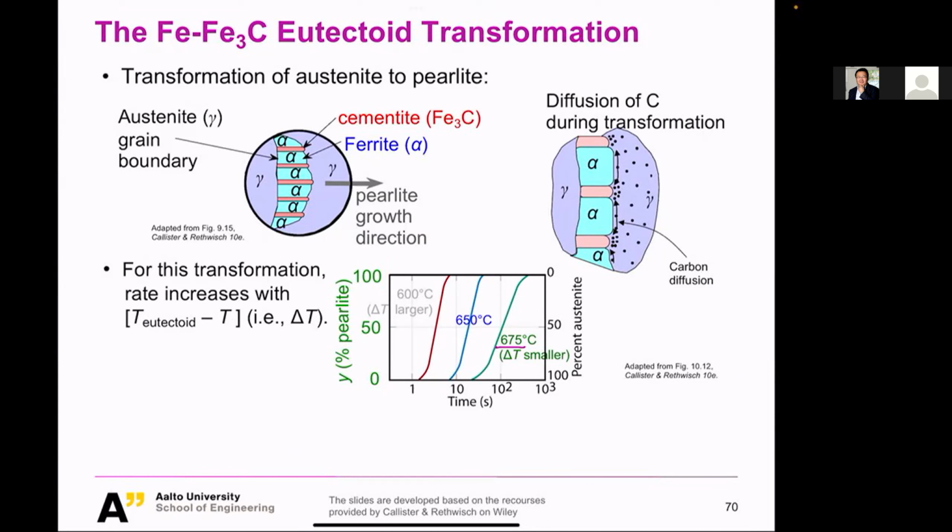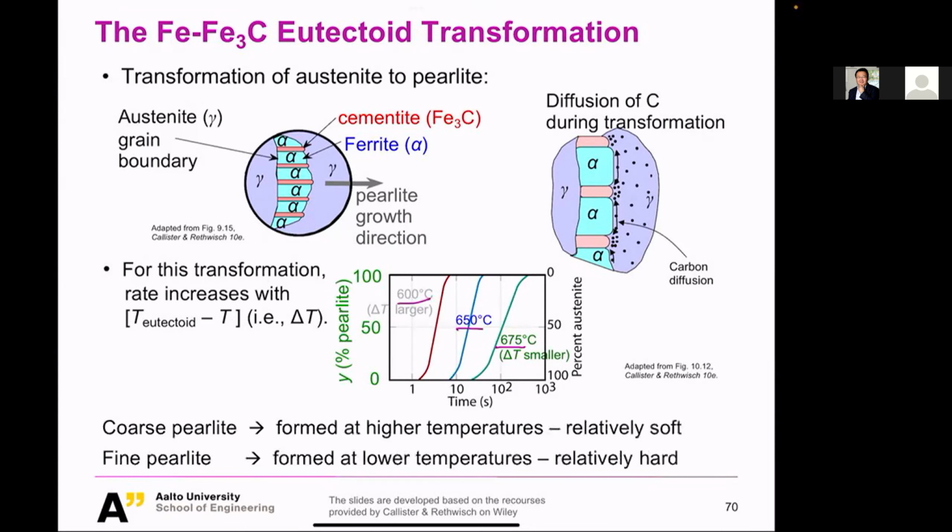It's not super long, but still it's a little bit long, and we want to get it faster. So now we try 650. Oh, okay, that's good. Below 100 seconds. And if you go with 600 degrees C, so a large delta T, you can get your transformation done within 10 seconds. That is the power of supercooling, right?